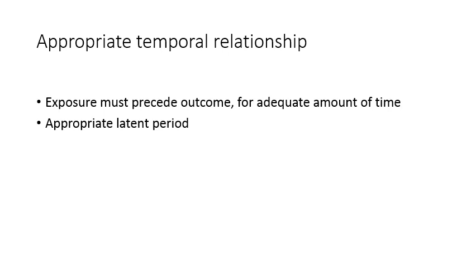Following exposure, there will be a latent period before the symptoms develop. Different diseases have different latent periods. Based on the established knowledge about an occupational disease, one must make sure that the latent period is appropriate before the diagnosis of the occupational disease can be made.